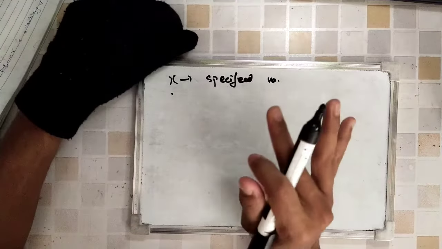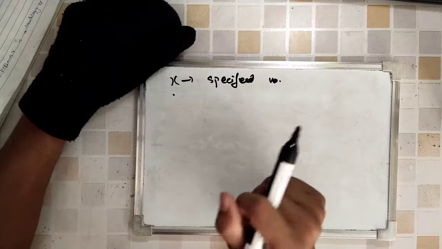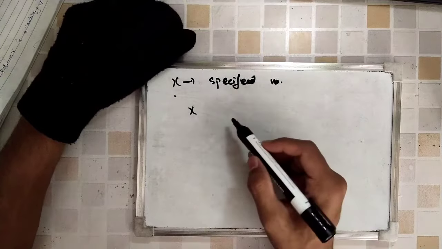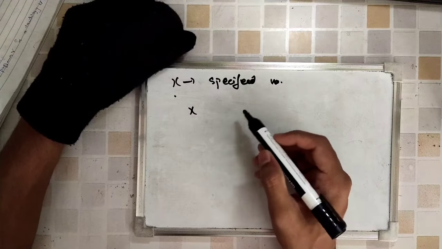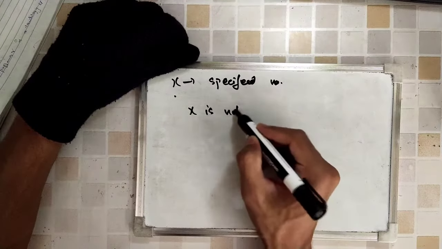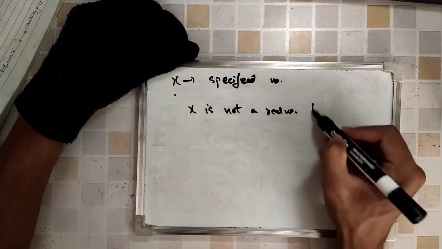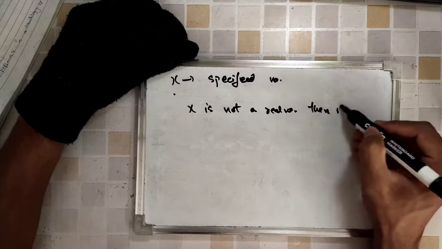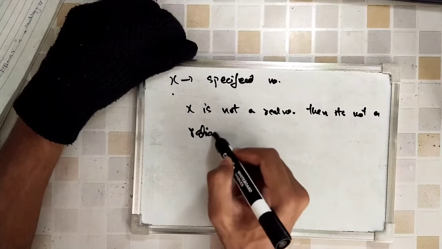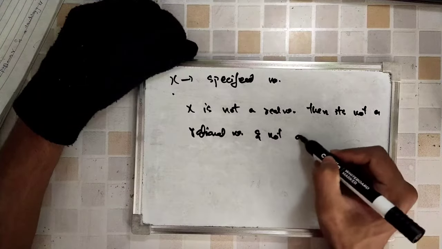So they have given three propositions, and what they have asked is to write down the negation of the following proposition: if x is not a real number, then it is not a rational number and not an irrational number.